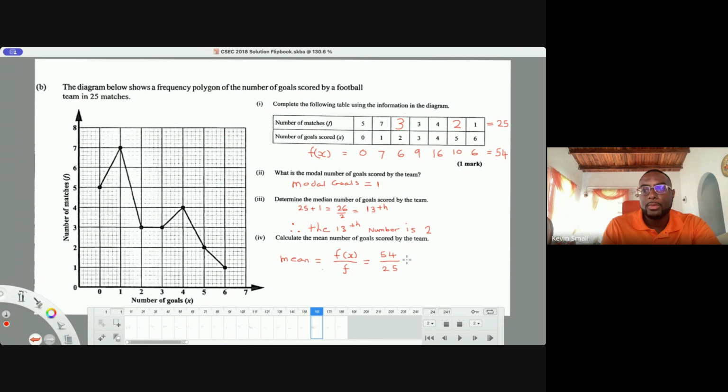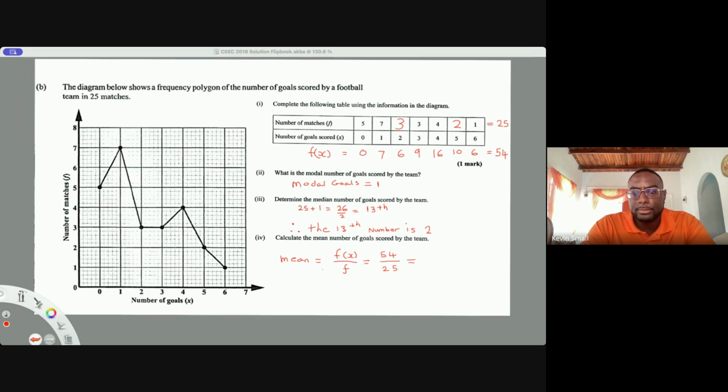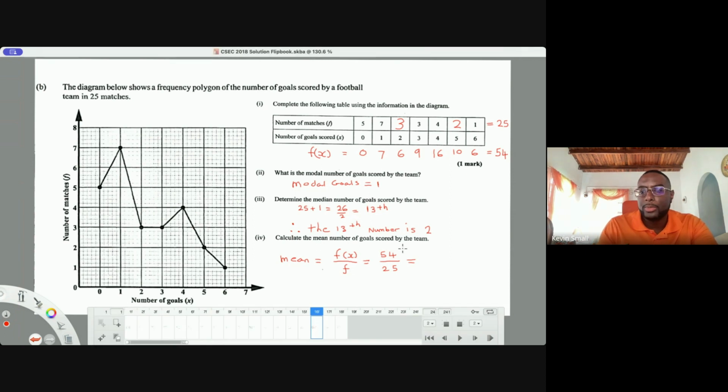And tell me now, what is the average score? Yes, the mean can give a decimal sometimes. What is the average score? 2.16. All right, so 2.16. Provided we did everything correct, this is the average score.